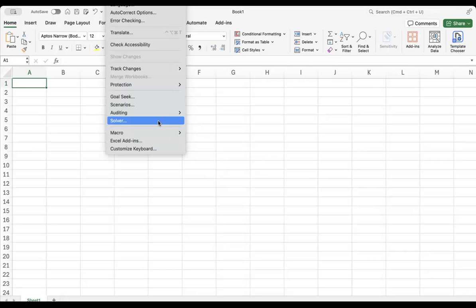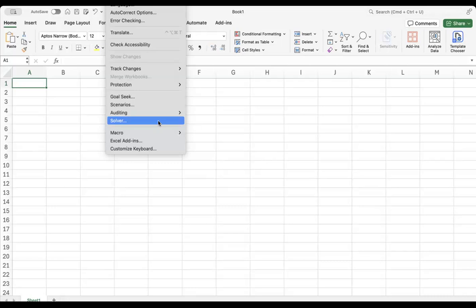File, Options, Add-ins. Okay, you check whether Solver is already installed. Yes, then it's okay. And it appears here in Data. Click Data. You see Solver.